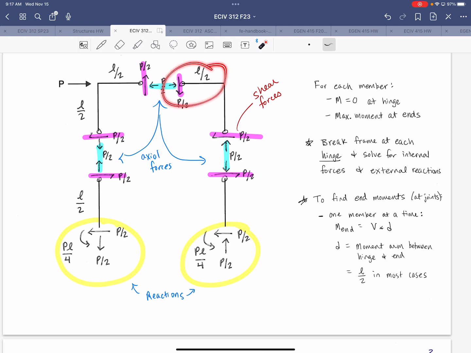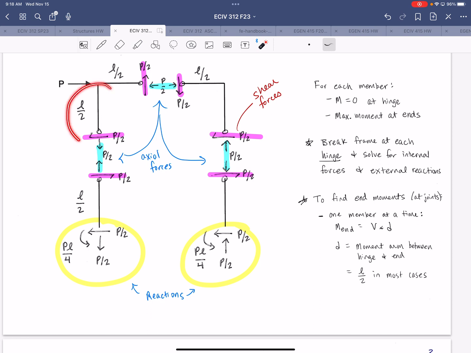So over on this side of the beam, your internal shear is acting in the opposite direction, so your internal moment will also be in the opposite direction to counter that. Or let's see, you're going to have a clockwise moment on both ends, right? So it's going to be the opposite sign is what I meant to say, right? So your moment diagram for the beam will be like a positive moment to a negative moment of the same magnitude.